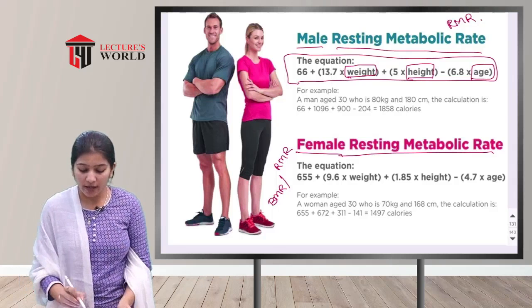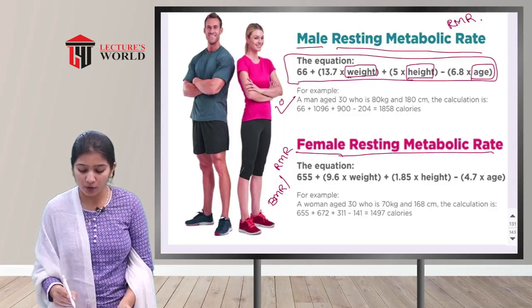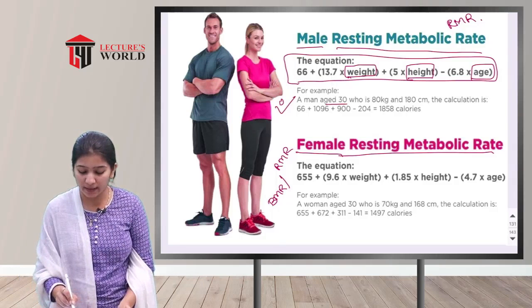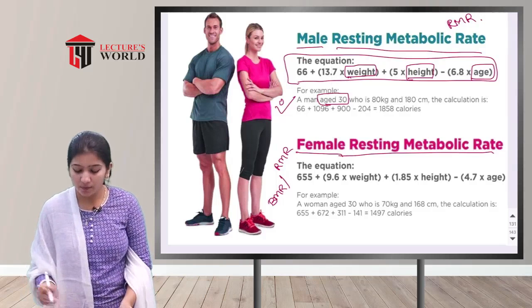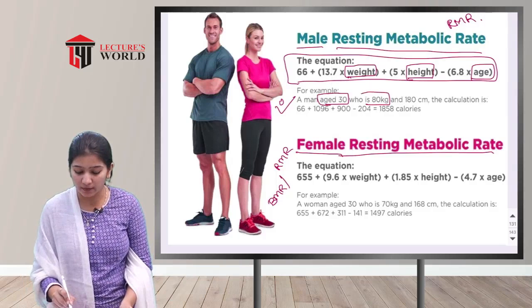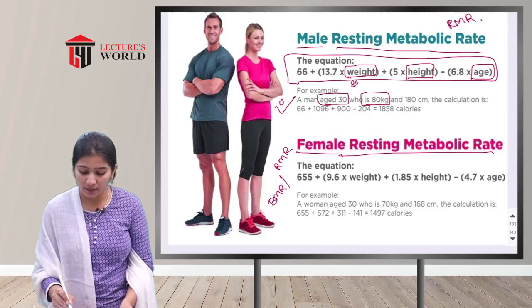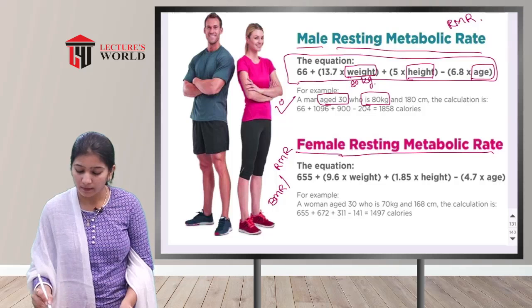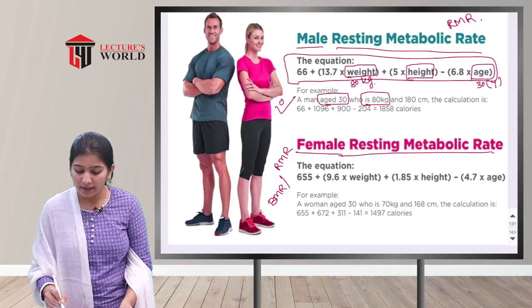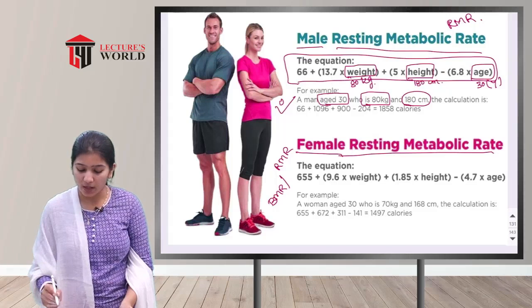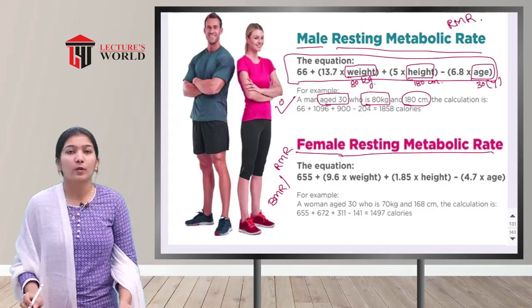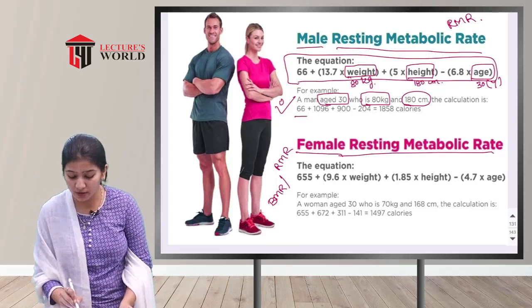Here they have mentioned an example also. A male who is 30 years of age, having 80 kg of weight, and height is 180 centimeter. After that you need to do the calculation.